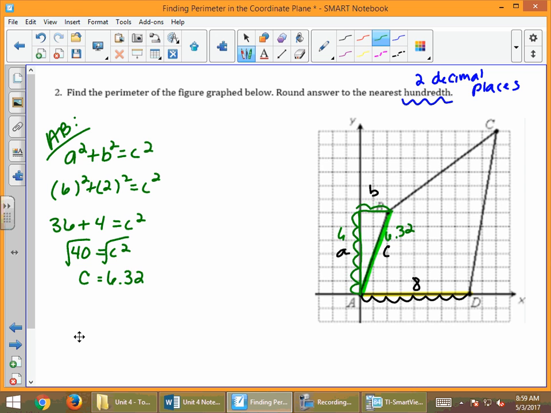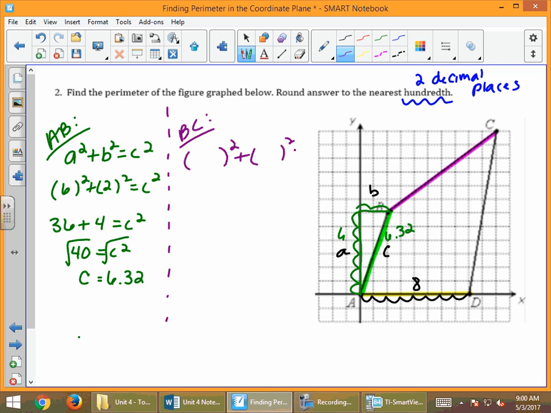Repeat the same process with the other side. I'm going to find BC next. And we're plugging it into the Pythagorean theorem. A squared plus B squared equals C squared.